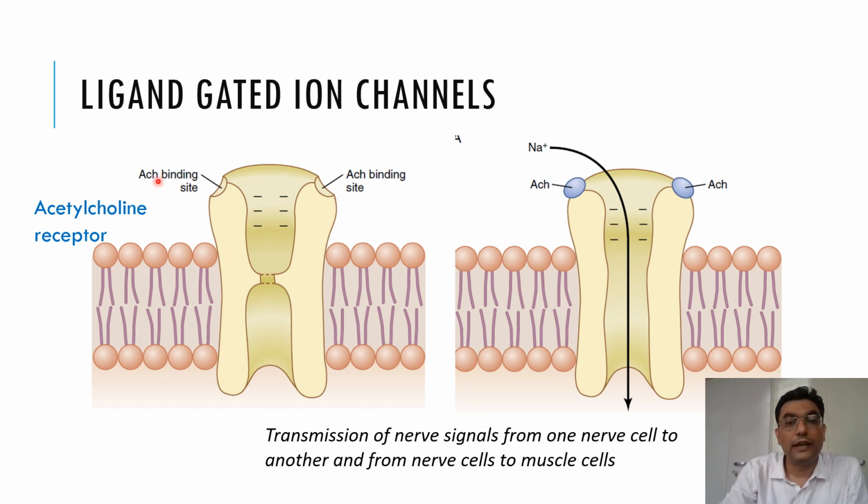When two ACh molecules bind to this receptor, it will open, and sodium will move from outside to inside. This acetylcholine receptor is very important for the transmission of nerve signals from one nerve to another nerve and from nerve to muscle cells.